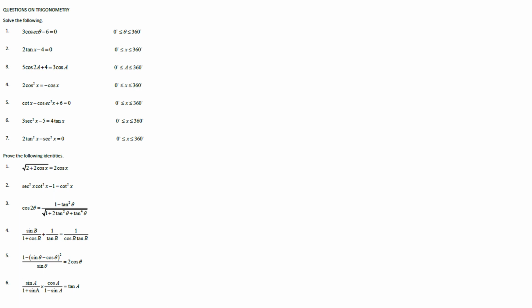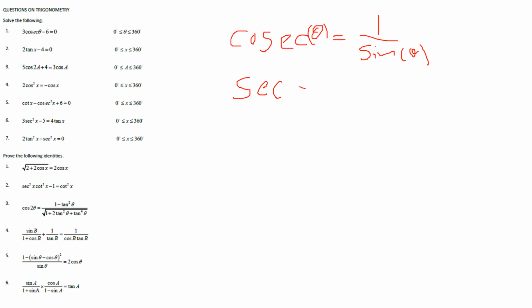Let's say, for example, we want cosec. We know cosec theta is equivalent to 1 over sine theta. Sec theta will be equivalent to 1 over cos theta, and cot theta will be equivalent to 1 over tangent.